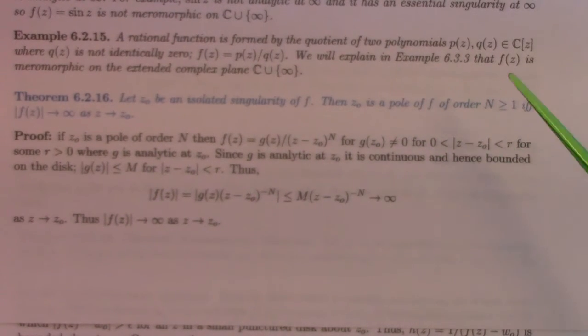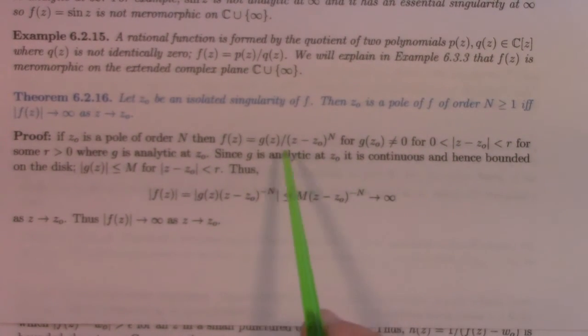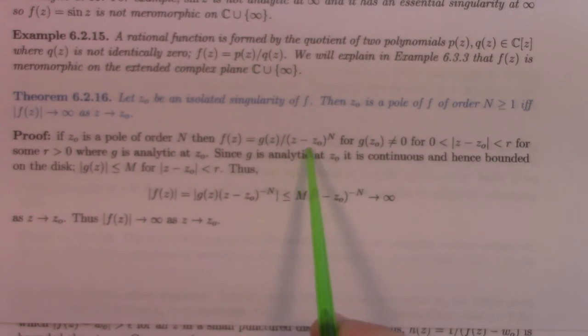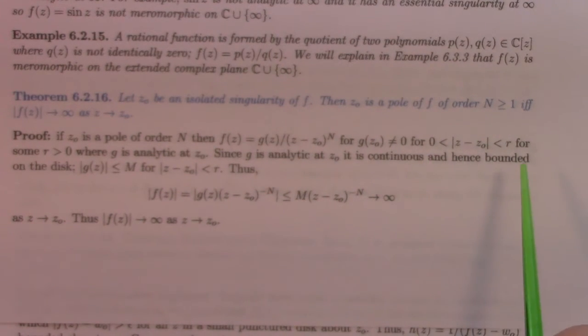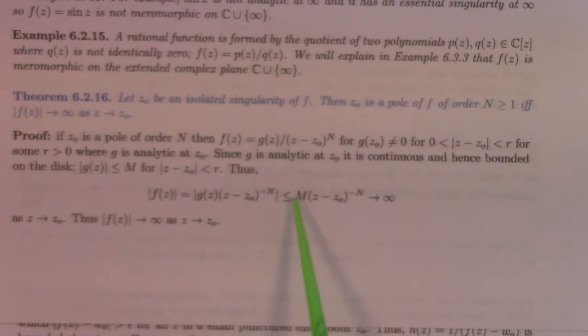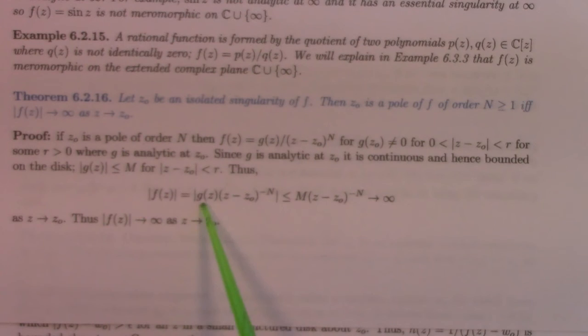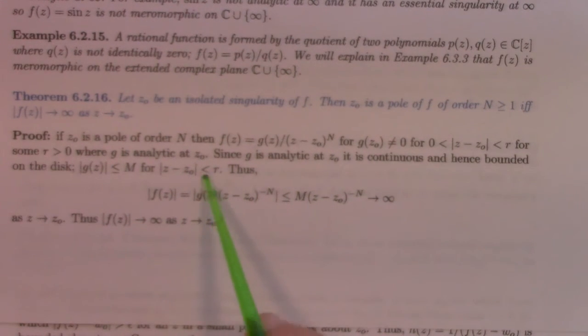Anyway, so here it is. If it's a pole of order n, you have this formula, right? g of z divided by z minus z naught to the n. So if you look at that, then f of z is this, but g of z is analytic, so hence it's bounded.